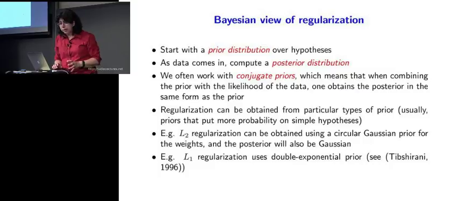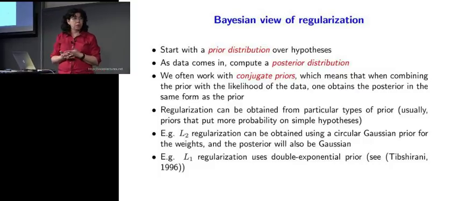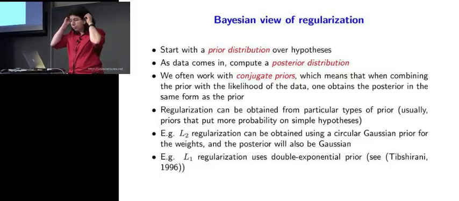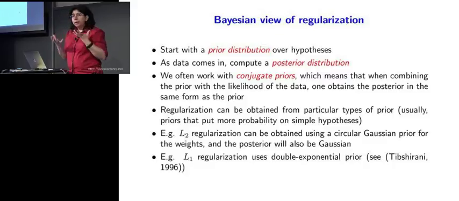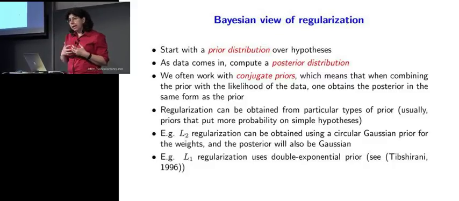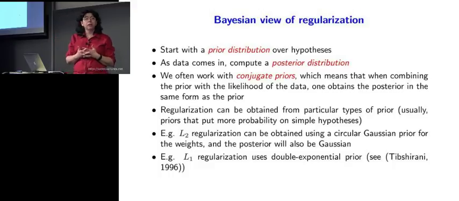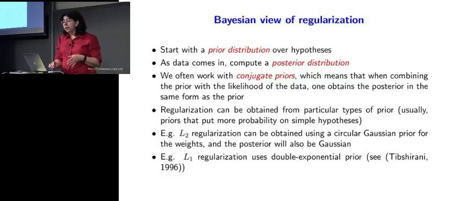Now, how do we think of this from a probabilistic perspective? What do these L1 and L2 penalties do? Well, in fact, they impose specific prior assumptions on the weight vector. In the case of L2, for example, we put a Gaussian assumption on the weight vector.